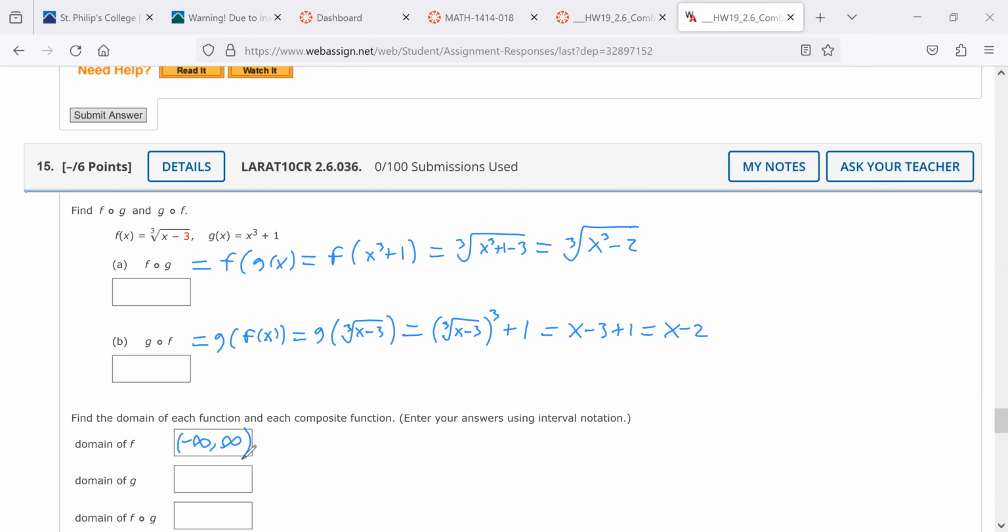G, can you cube any number? Is there any restriction on x cubed plus 1? You graph it, it'll go on forever. I see no restriction on G. There's no reason why I couldn't cube something and then add 1.